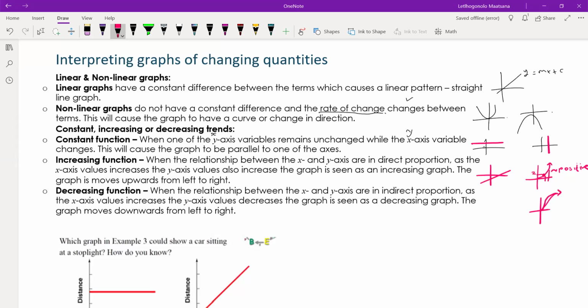But at this point, when x increases by 1, the y increases by 2 more. Whereas here, the change in y is negative. Meaning at first, for each point, we will add 6.